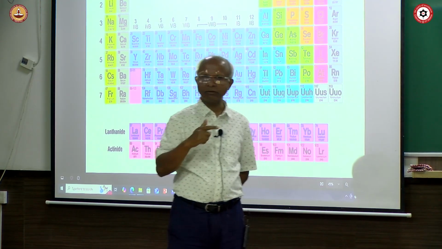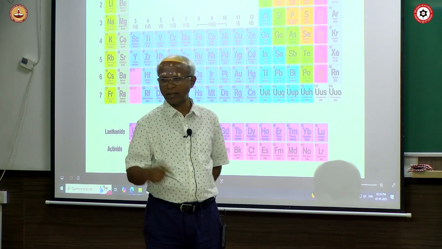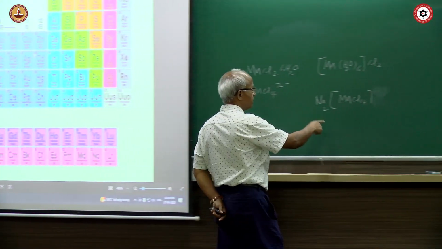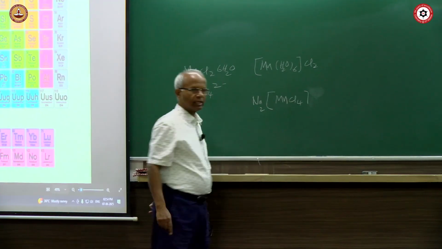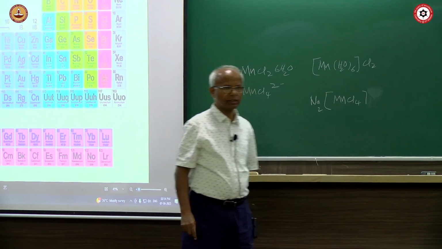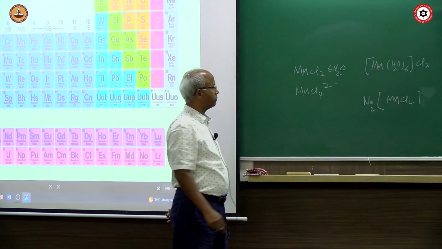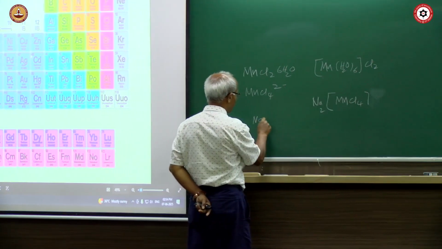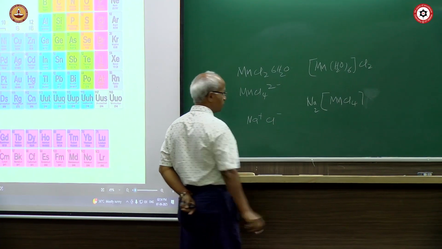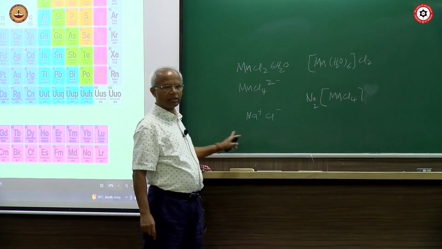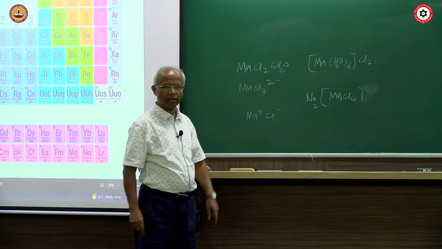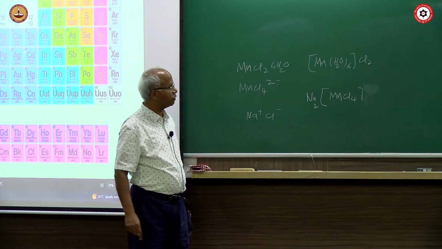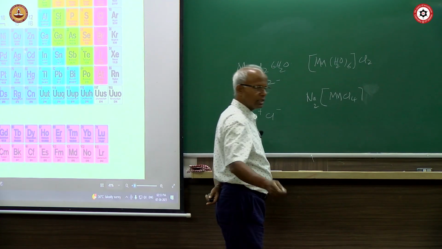So always cation comes first, anion comes second. Similarly, I did not put sodium here. I put sodium on the left hand side, correct? Because it is anionic. So like sodium chloride, one is cation, other one is anion. So you write first cation. So similarly, in the metal complexes also you write first cation. So potassium permanganate is another example.